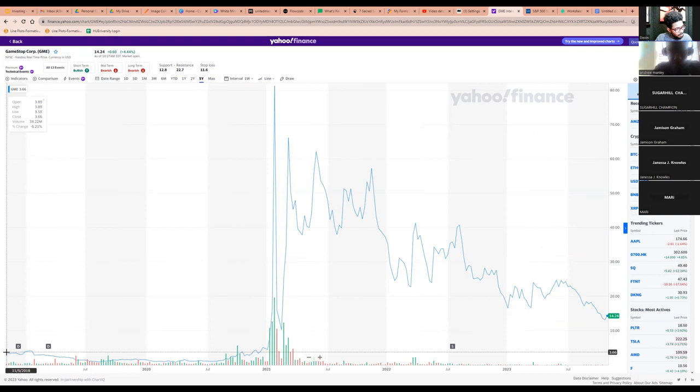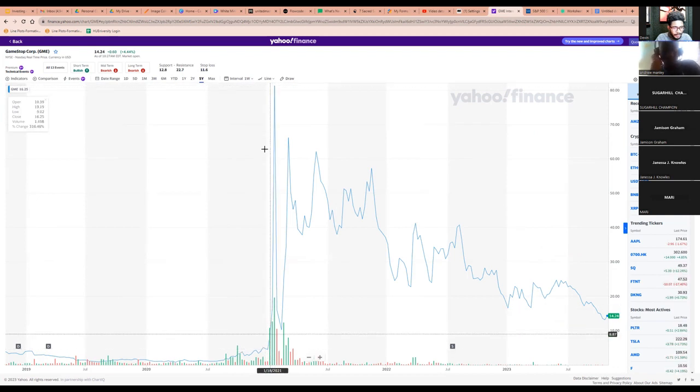If you wanted a piece of GameStop pie, it would only cost you like $3. Do y'all see this big part right here where it just jumped way up? Before it jumped way up, down here, you could have bought some GameStop pie for $5. It costs $5 to buy a piece of GameStop pie.